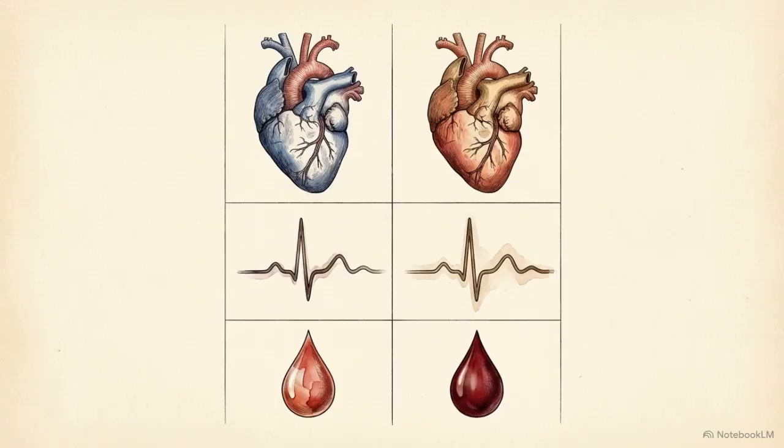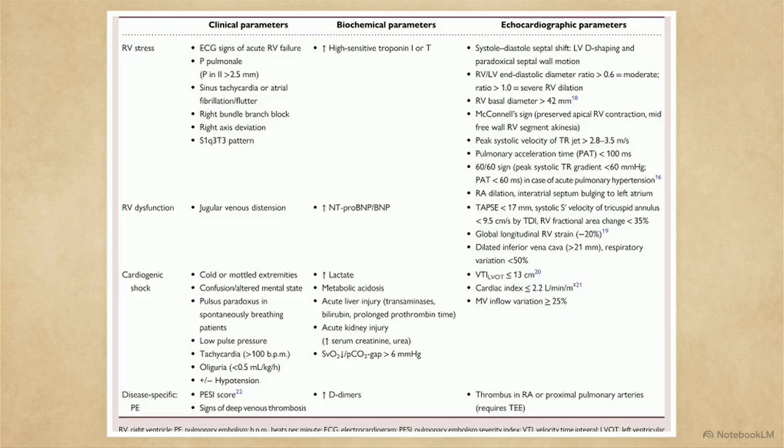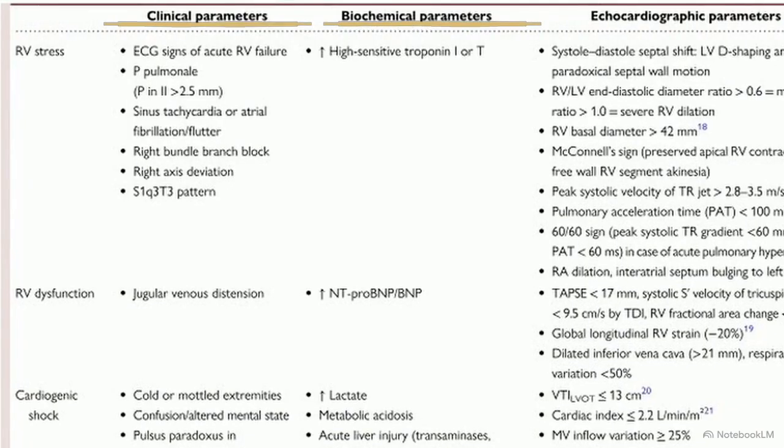Bringing these diagnostic steps together creates a unified matrix to distinguish between acute and chronic presentations. This table summarizes the parameters used to stratify patients and assess the severity of the right ventricular failure. While clinical symptoms and biochemical markers like troponin and BNP are present in both acute and chronic states, imaging metrics allow for differentiation.